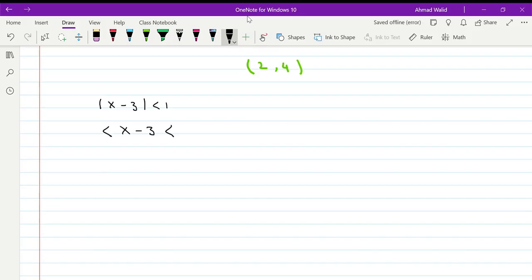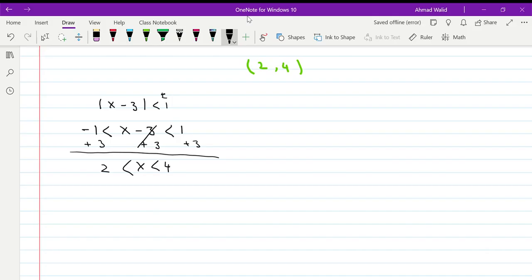Whatever the way is, copy it that way, but put it on both sides. On the right side, use the positive number. On the left side, use the negative number. You already know how to deal with compound inequalities, correct? Add 3 to all sides. X less than 4, greater than 2.